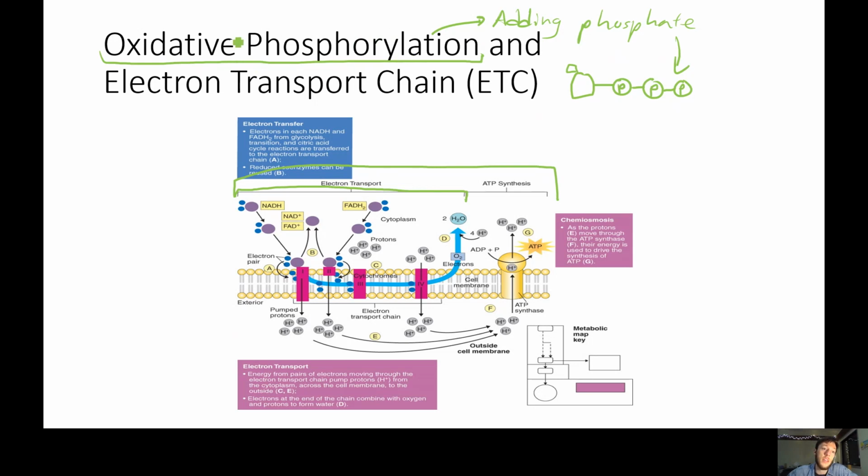Okay. The oxidative part has to do with the fact that the electrons are being pulled down this chain by the electronegative oxygen. And you can see this oxygen is right here. We're moving from left to right. And we'll explain this in better detail in a minute, but oxygen is pulling the reaction along.